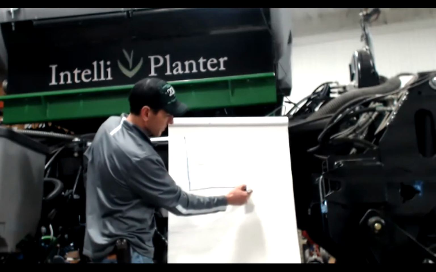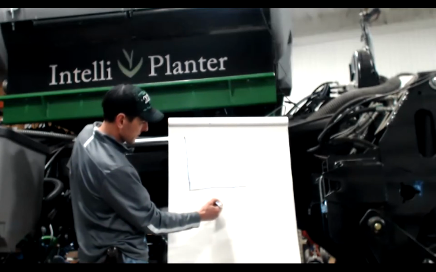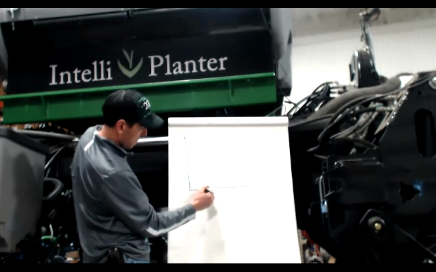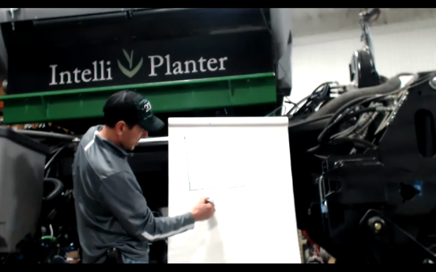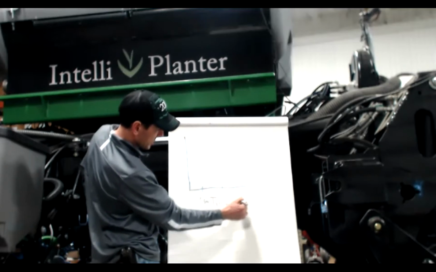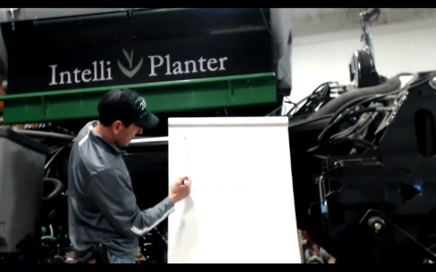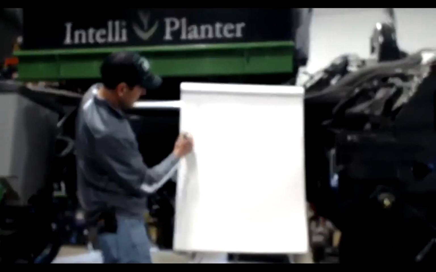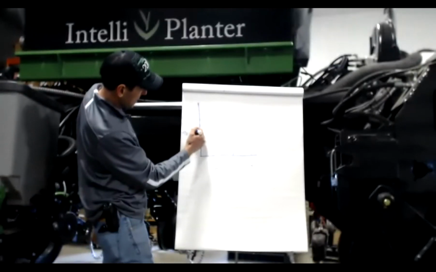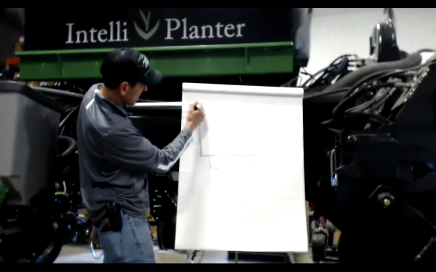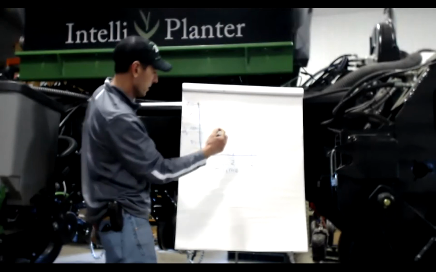If we draw a graph, this is time down here: 1 second, 2 seconds, and 3 seconds, and we have pounds over here: 50, 100, 150, 200.